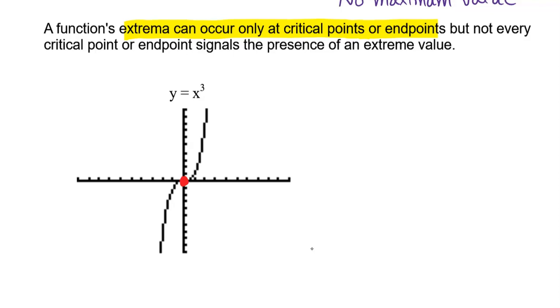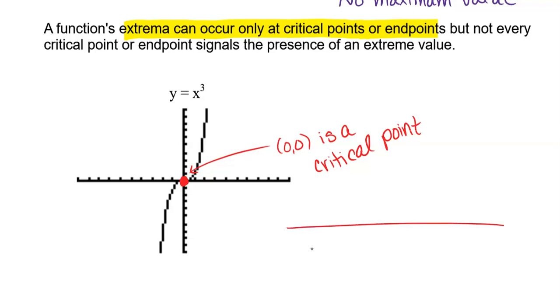So here's a classic example. If we have y equals x cubed, that point right there in the middle, 0, 0, is a place where the derivative will be 0. So this is a critical point. But it is obviously not an extreme point.